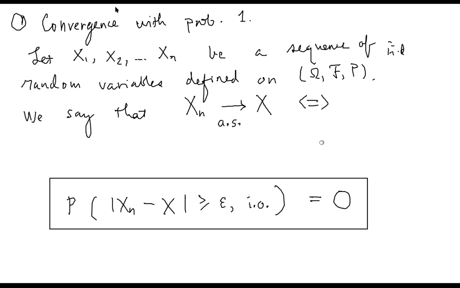That was for convergence, the other convergence, right? So this is equivalent to P of lim of this. Sorry.